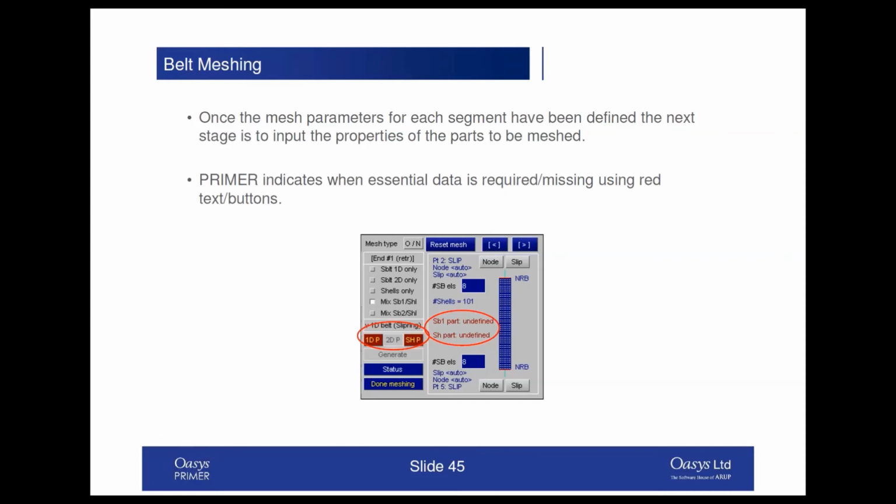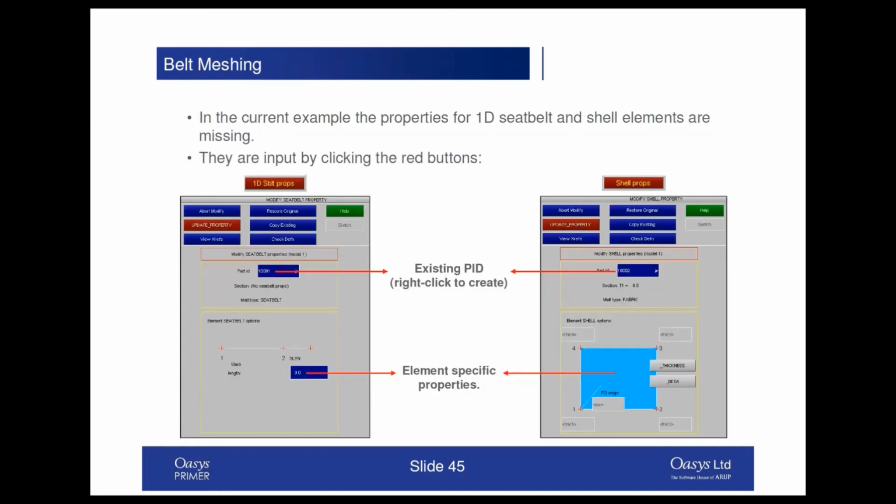Once the mesh parameters for each segment have been defined, the next stage is to input the properties of the parts to be meshed. So that's the part IDs and element specific properties. In our example here, we're using 1Ds and shells. Those 2 buttons have turned red, and the red signifies that we haven't defined any properties. If we clicked each of those in turn, we get the panels as shown there. The 1Ds are on the left, the shells are on the right.